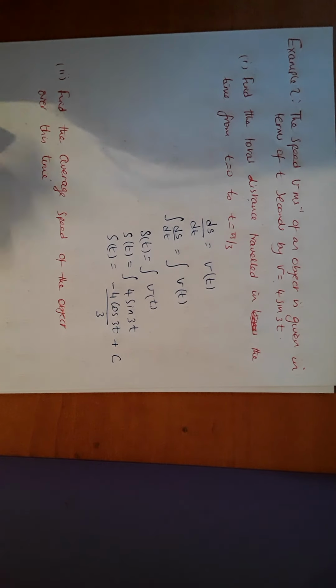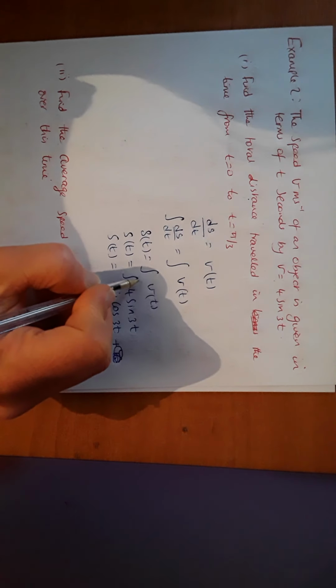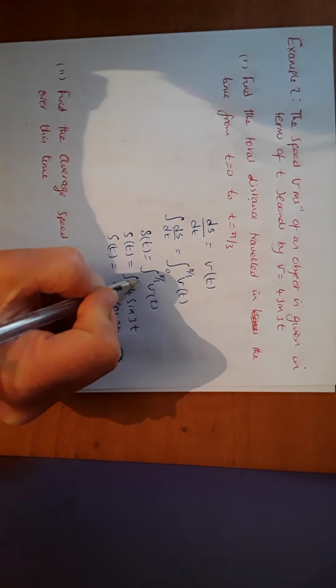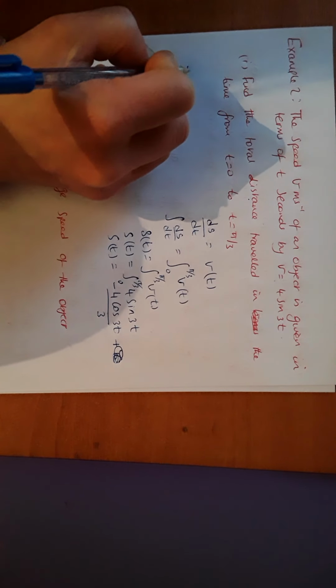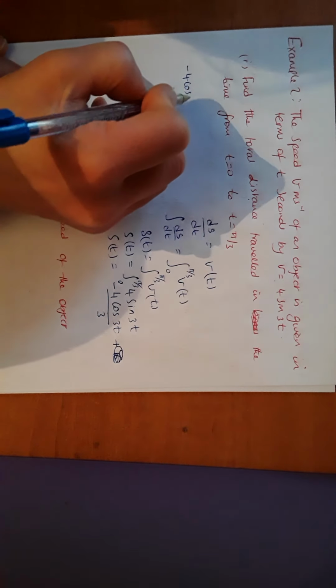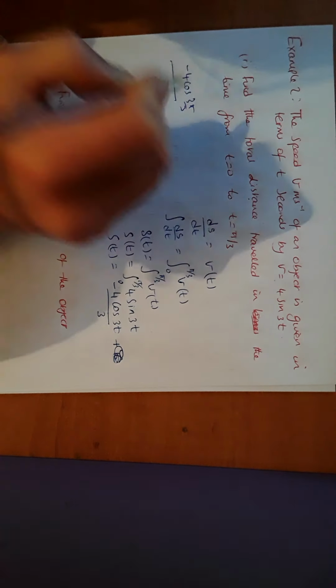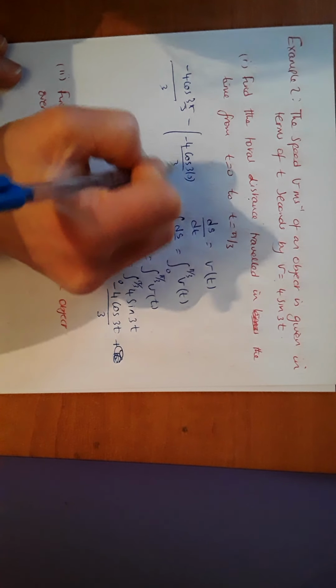Oh no, sorry, you were given limits here, so we've no constant. I forgot to put them in, pi over 3 and 0. So this was more of a definite integral. So I'll now have minus 4 cos of 3 times pi over 3, divided by 3, minus minus 4 cos of 3 by 0 over 3.